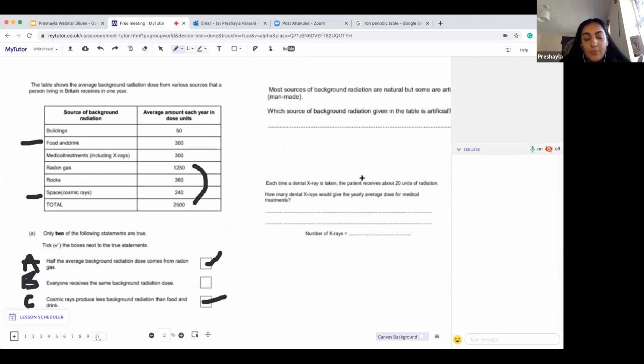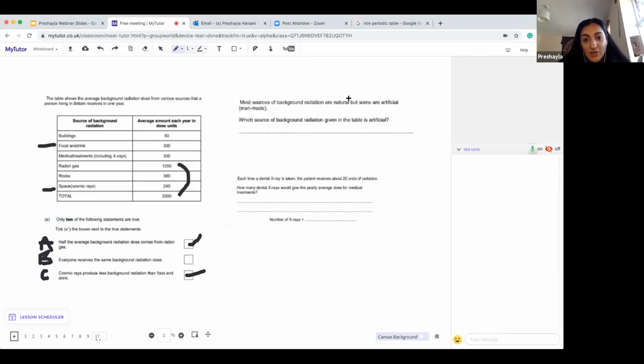Okay, most sources of background radiation are natural, but some are artificial or man-made. Which source of background radiation from the table is artificial, do we think?